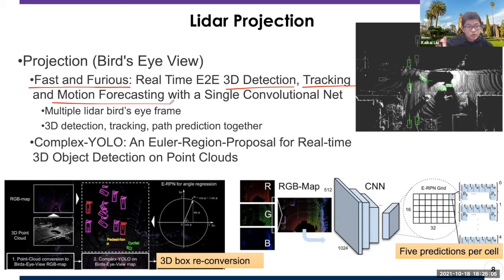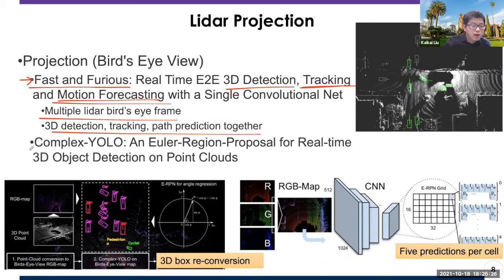The network not only does 3D detection, it can also do tracking and motion forecasting. They utilize multiple LiDAR sweeps, using the time domain together, and do all three things together. This is the most interesting thing about this one: multiple tasks together.